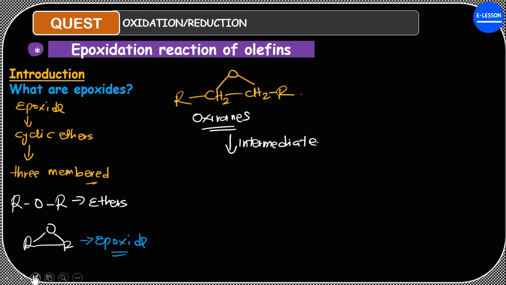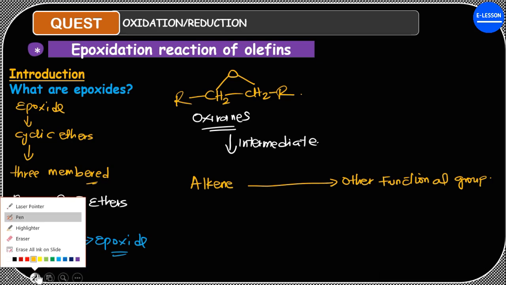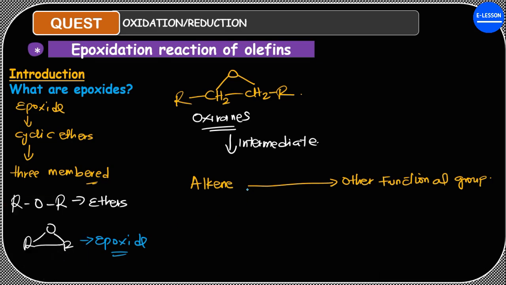So if we want to represent it diagrammatically, this is the alkene, then we have a bridge here, and then we have other functional groups. The bridge is what we call the epoxide.